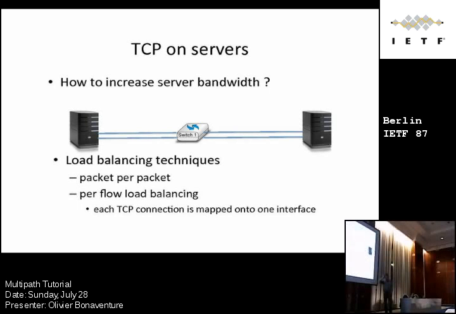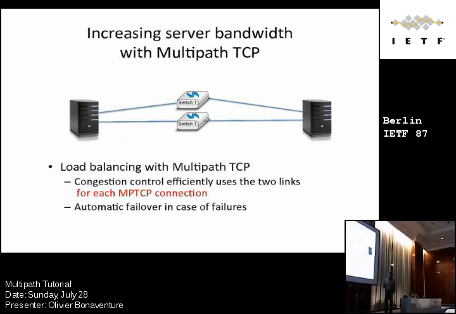Well, if you want to increase the bandwidth with Multipath TCP and you are a system administrator for a data center, I would suggest you use 2 interfaces on the server, but I would encourage you to connect the 2 interfaces to different switches or different spanning trees in your network if you are using spanning trees, so that you have redundancy at the switch level. If one switch dies, then you can use the other one.